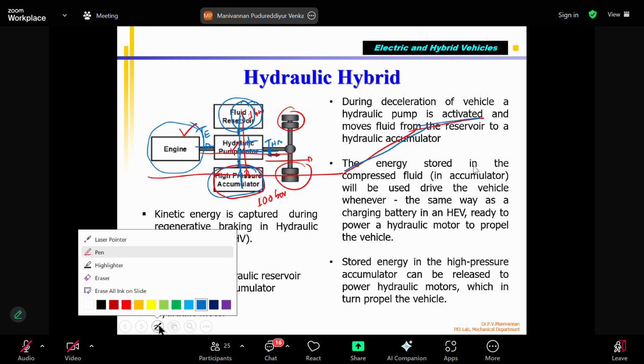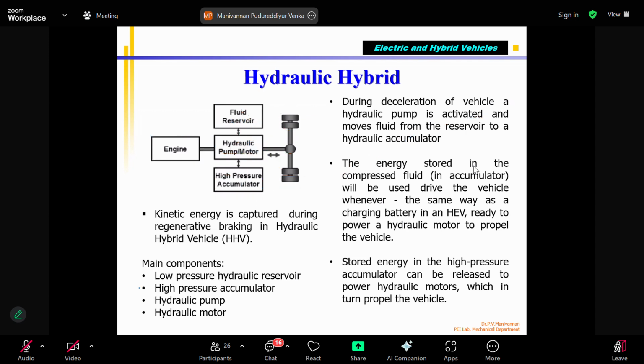Functionality wise, the hybrid electric vehicle and the hydraulic hybrid vehicle are the same. The only thing is, here instead of an electric motor, I am using a hydraulic motor, which will augment the torque provided by the engine.